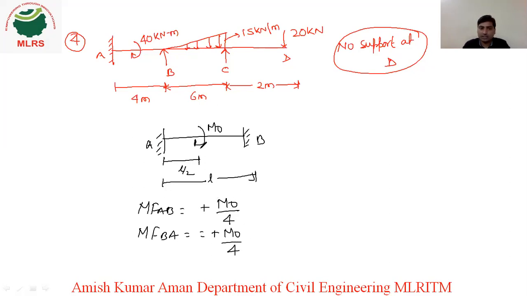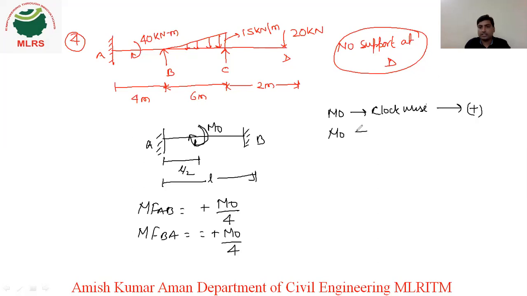If you see the direction of this M naught, if it is clockwise, this is the clockwise direction, so the fixed end moment will be positive.